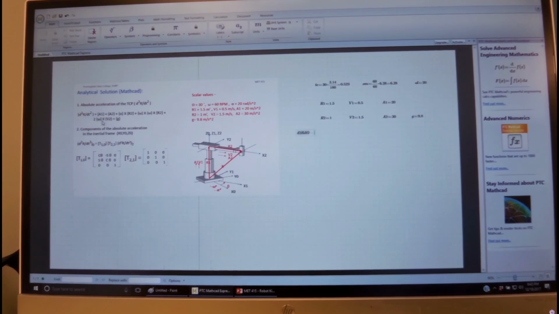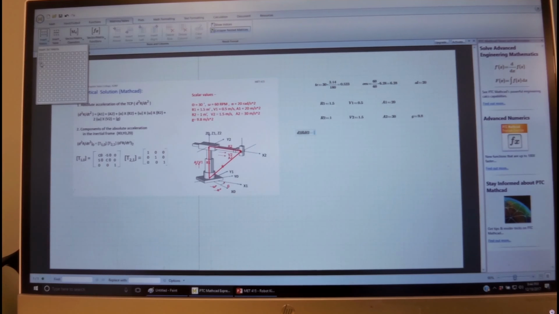We have here several vectors. We can add them up by going over here to matrix, and we could now put the matrix together. The first matrix is for A1. A1 is in the direction of x2, so it's in the x direction.